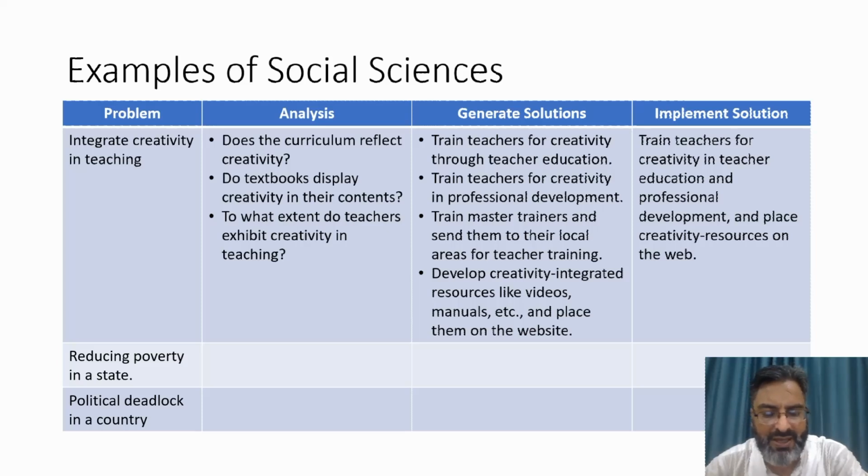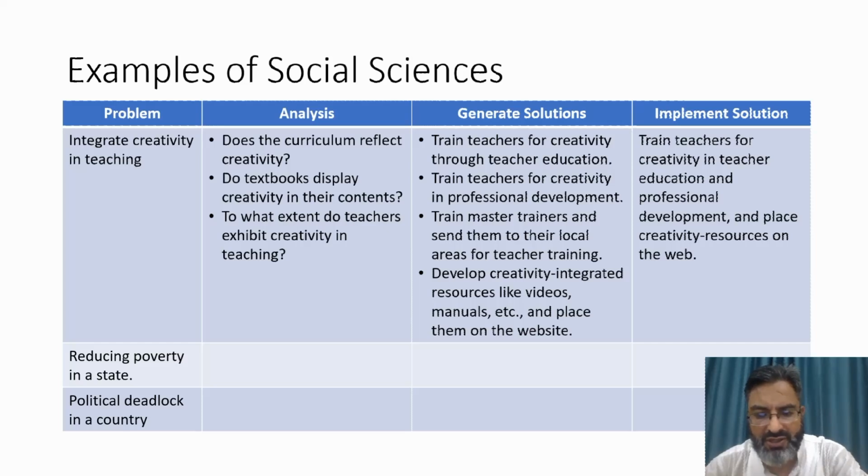For analysis, we generally ask whether the curriculum reflects creativity, whether the textbook displays content for creativity, and to what extent creativity is exhibited by the teachers in their classroom while teaching. In terms of generating solutions, we can train teachers for creativity through teacher education programs, which is largely the pre-service programs.